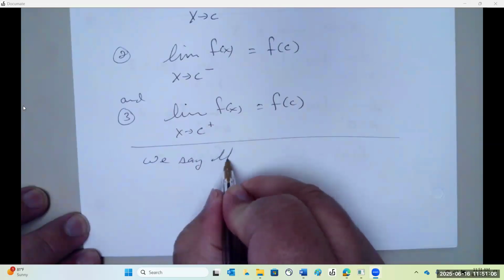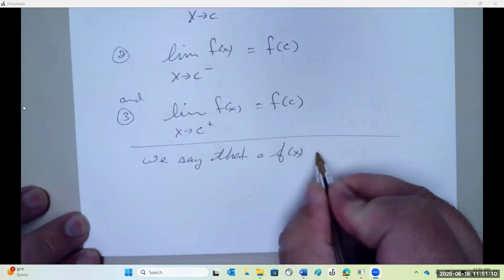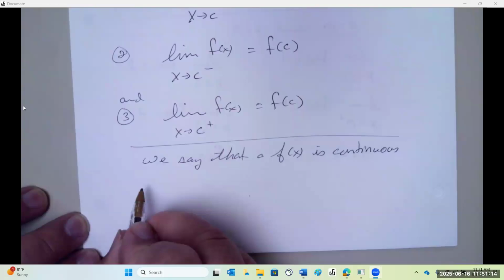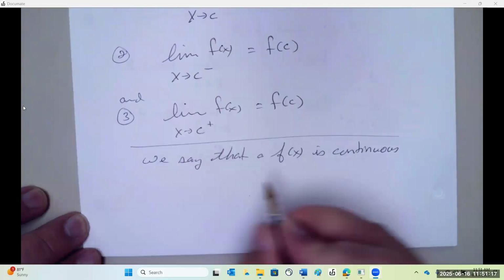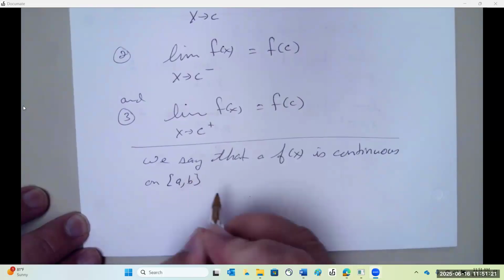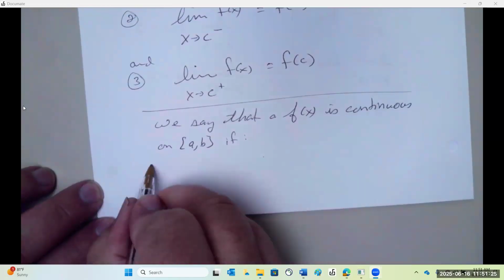We say that a function is continuous on a closed interval if three things exist.